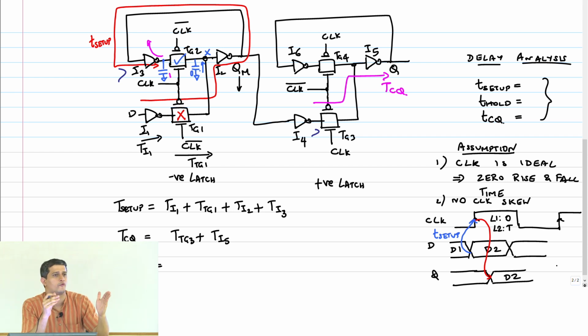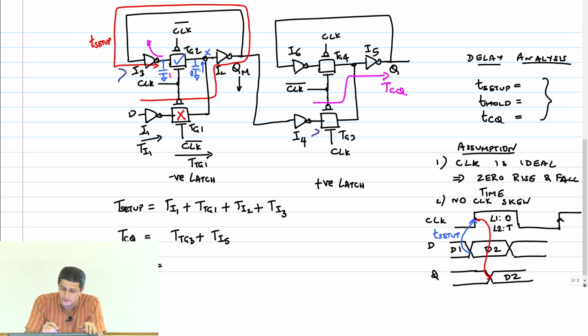D2 changed before the clock edge and it changed after the clock edge as well, the sampling edge. But I want D2 to be captured and retained at the output through the entire time period. In order for that to happen, I should ensure that even if D2 changes after the clock edge, it is still captured appropriately if it changes after some time.